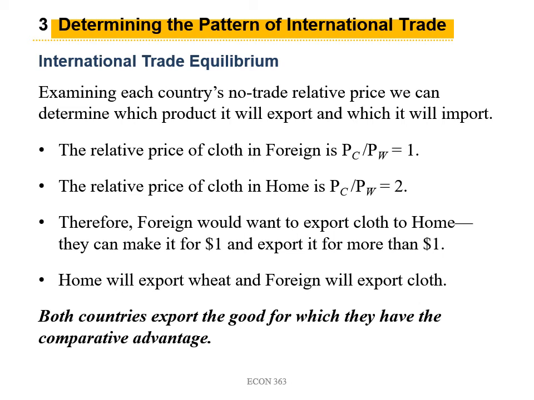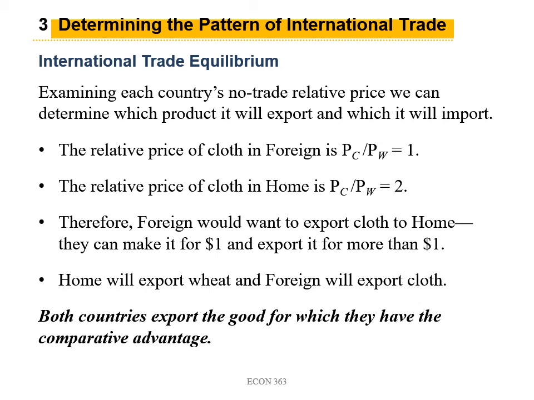Consider a cloth producer in the foreign country. Look at that first equation, PC divided by PW equals 1. PC divided by PW equals 1 in the foreign country means that if I'm a cloth producer, I will receive 1 unit of wheat for every unit of cloth that I sell.